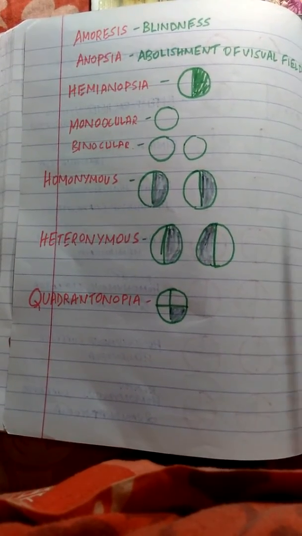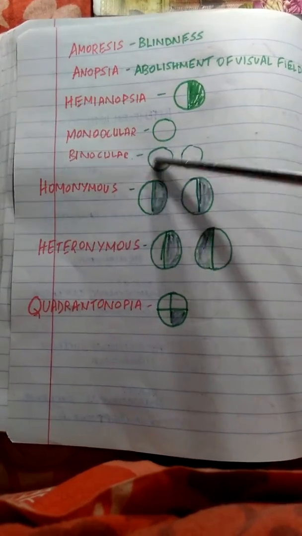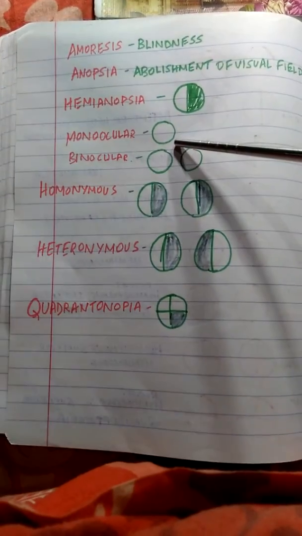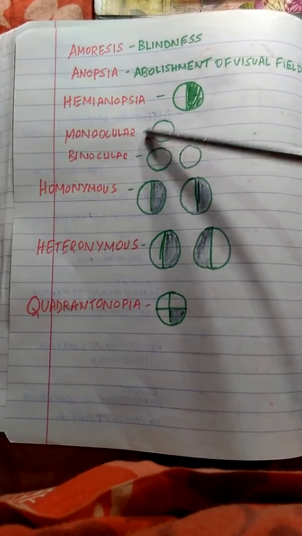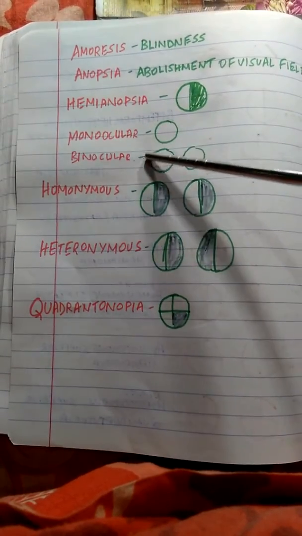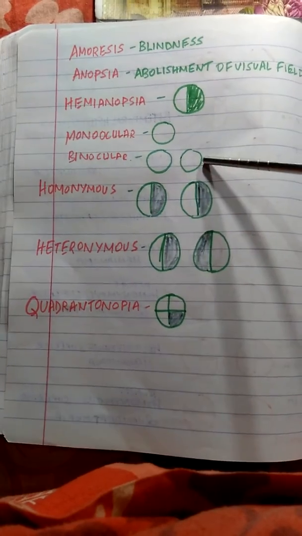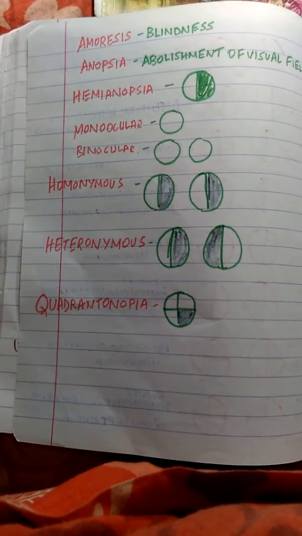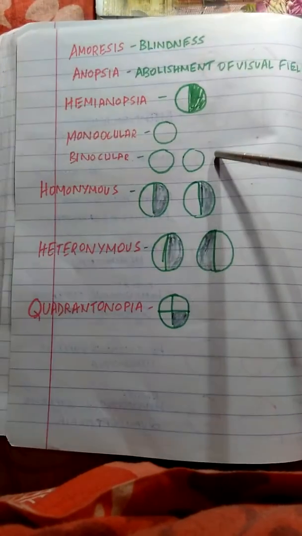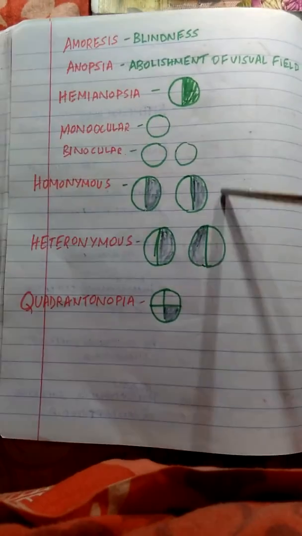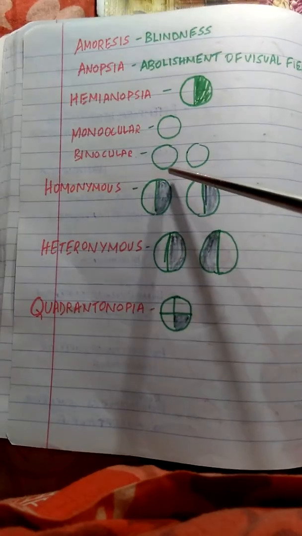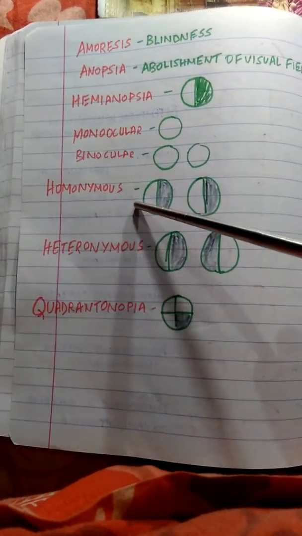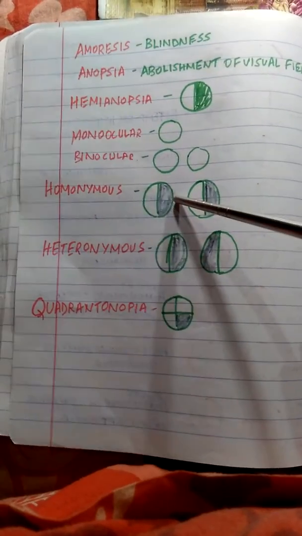Then we have monocular and binocular. In case of monocular, there is visual field defect in only one eye, whereas in binocular there is visual field defect in both the eyes. If it occurs in both eyes, it may be homonymous or heteronymous. For example, this is the eye and this is the left side and this is the right side.